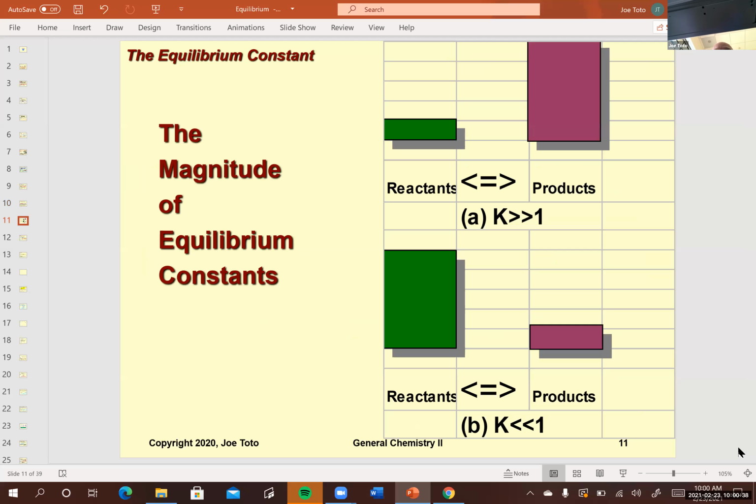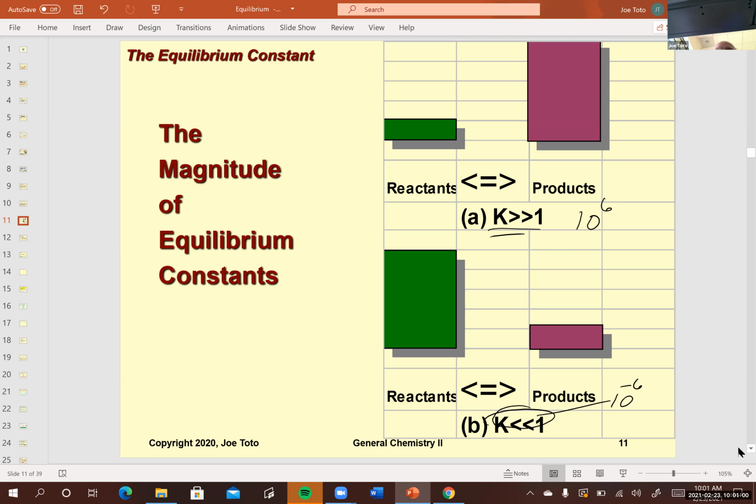We took a look at a little picture of what it means to have a large equilibrium constant, for example 1,000,000, 10 to the 6, versus something really tiny, for example 10 to the -6, fractional.